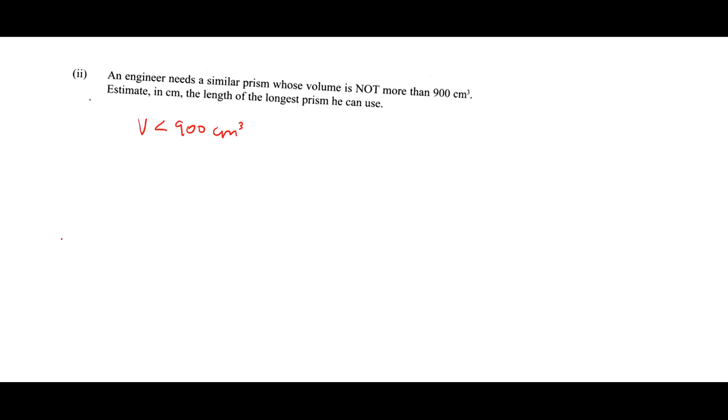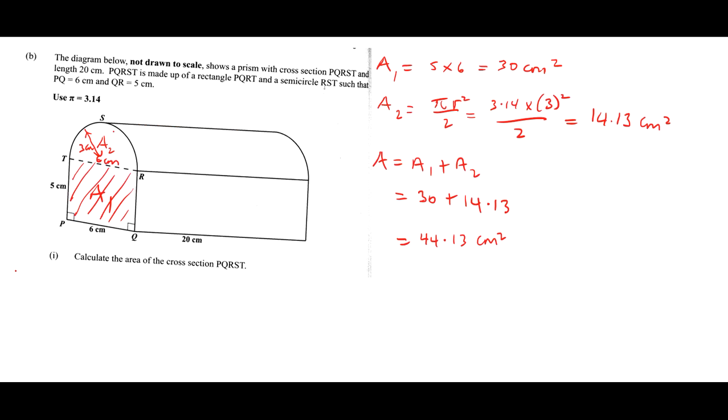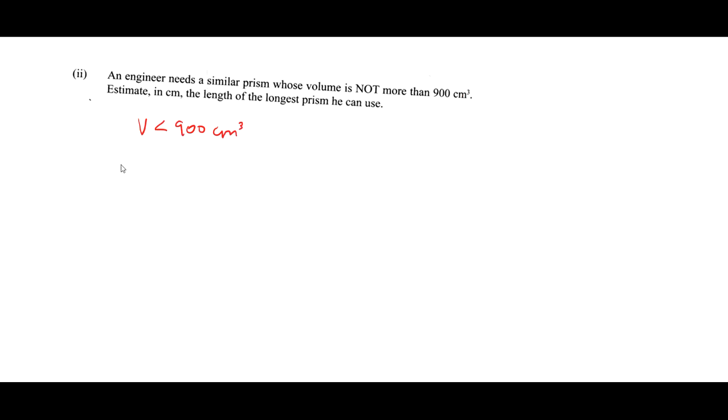Now how do we get volume? Volume is the cross-sectional area, which we just worked out as 44.13, multiplied by the length, which is what we don't know. We want to estimate the length of the prism.